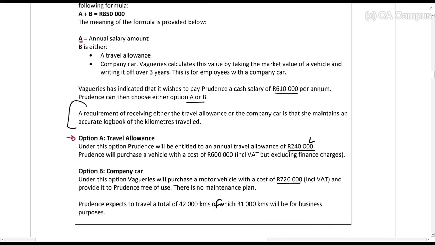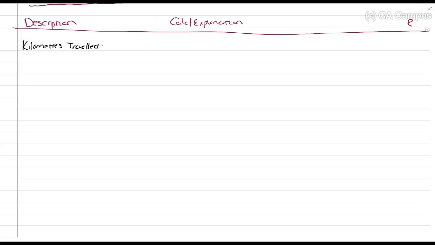She must have an accurate logbook. She expects to travel a total of 42,000 kilometers, of which 31,000 will be for business. You can see they give us the most important ones there already, so you don't have to write down what I'm doing here, but I like to always have it in front of me.